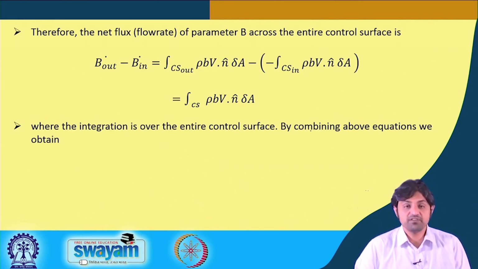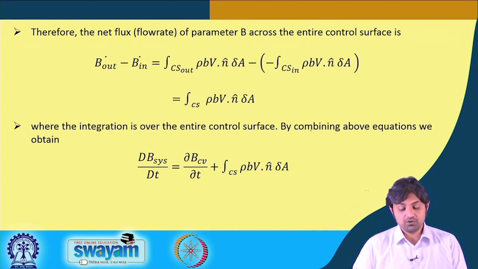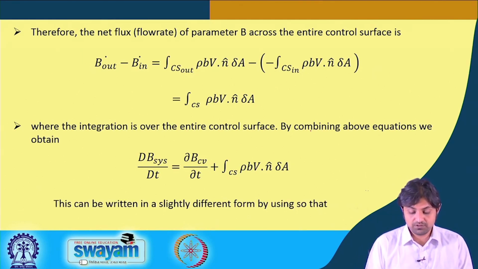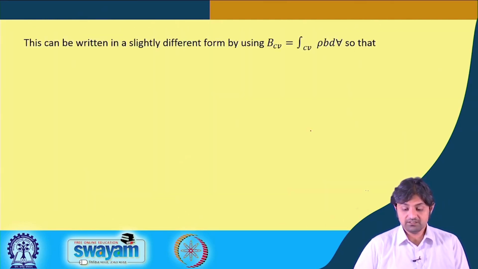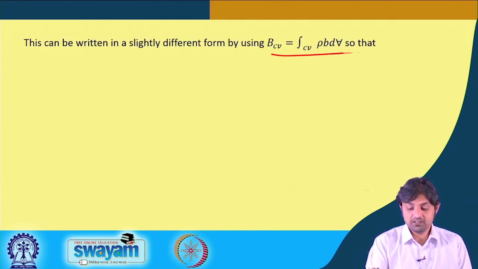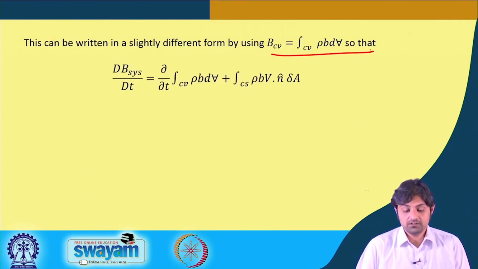By combining the equations, we obtain dB sys by dt is equal to del B CV by del t plus the integration over the control surface of rho B V dot n dA. This can be written in a slightly different form by using B CV equal to the integral of rho B dV.